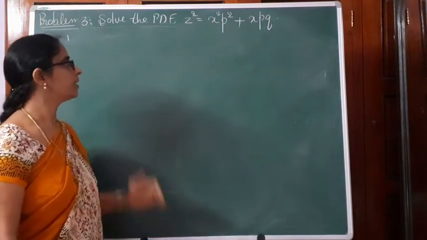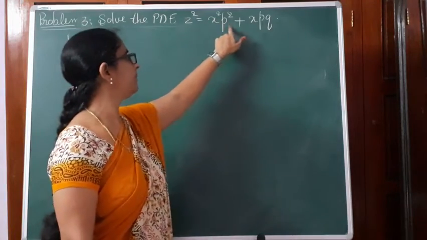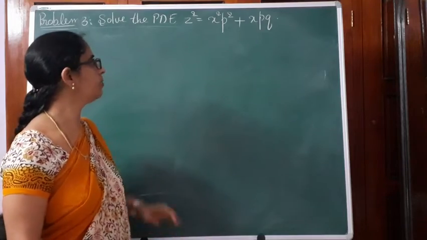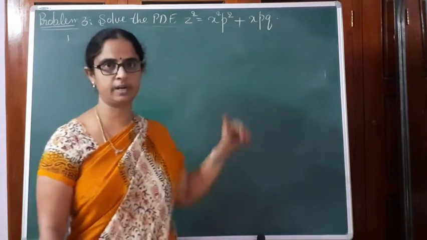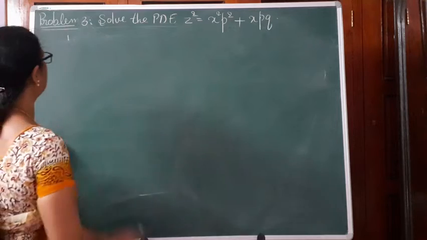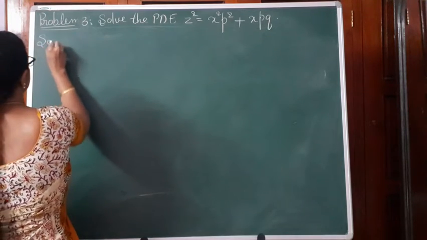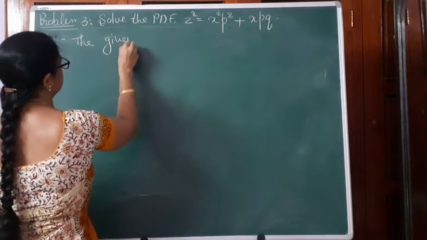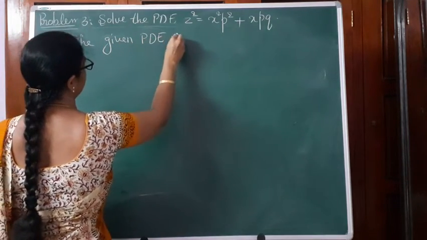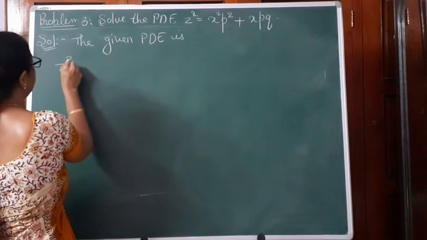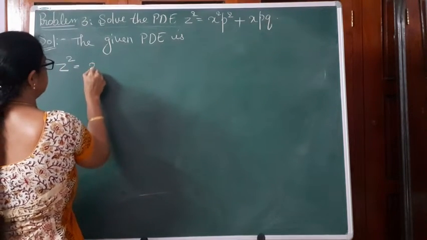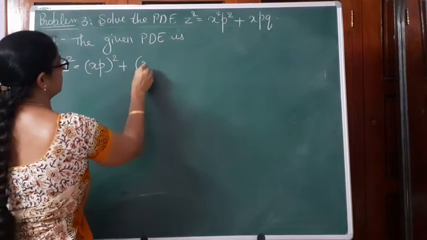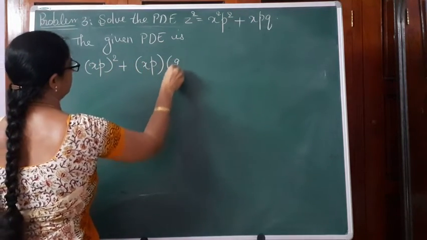Now because we have x power m into p here, we can reduce it to standard form. So let us see what substitution we need to take to reduce it to standard form, whether it is possible or not. To start with the solution, we can write the given partial differential equation as z square is equal to (x into p) whole square plus x into p into q.